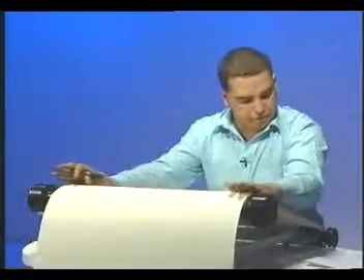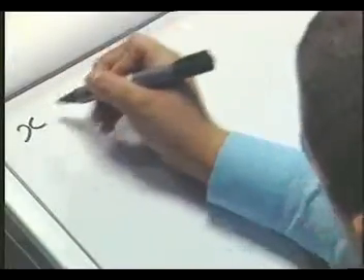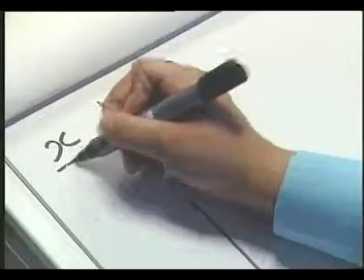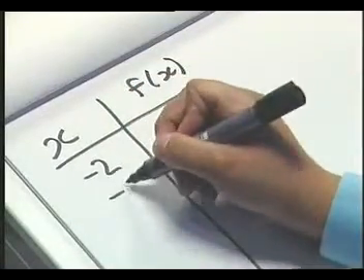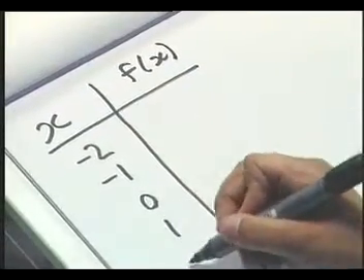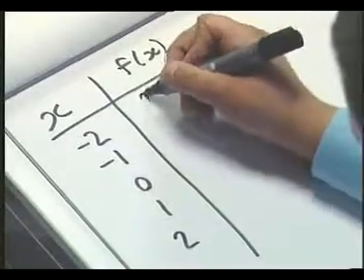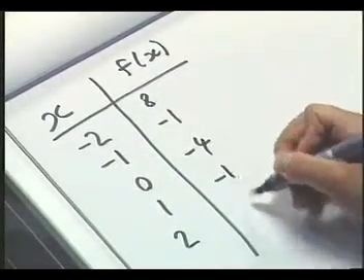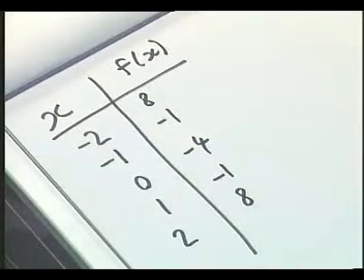And we can use this, as I said, to help us plot the graph of the function. So just to copy the table down again, so we've got it handy. We had minus 2, minus 1, 0, 1, and 2, and 8, minus 1, minus 4, minus 1, and 8.